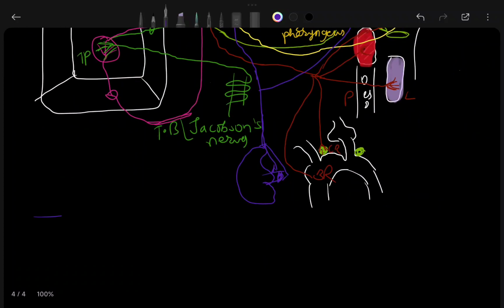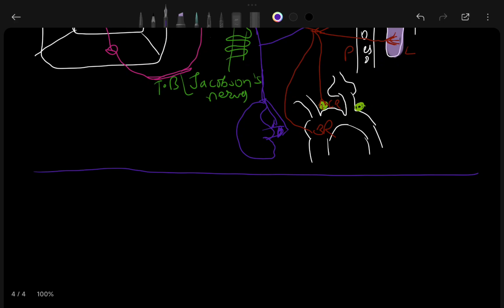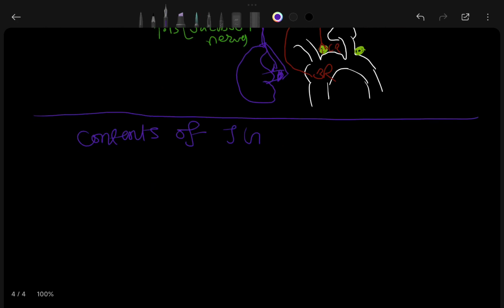This is all about the branches and distribution of the glossopharyngeal nerve, and now I would like to go through the contents of the jugular foramen. The contents of the jugular foramen are, first, cranial nerves: the accessory nerve, the vagus nerve, and the glossopharyngeal nerve.